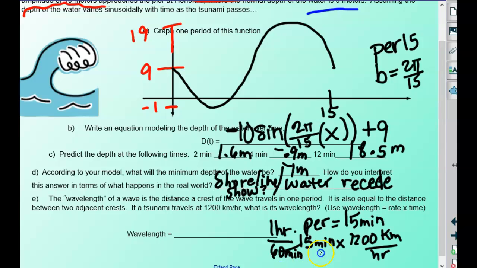So now the minutes divide out, the hours divide out, and its wavelength in kilometers would be 300, wouldn't it? Because 15 divided by 60 is a quarter, and a quarter of 1,200 is 300 kilometers.